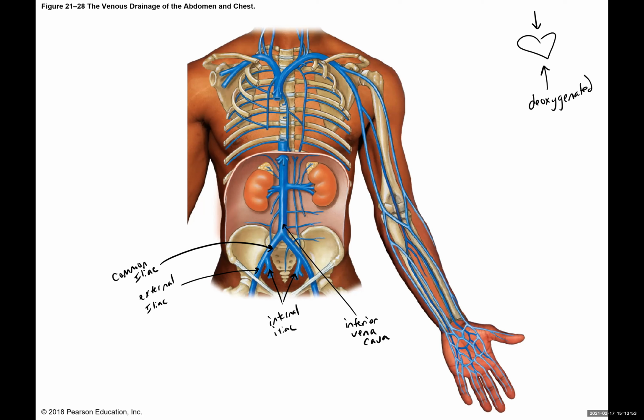Feeding into the right atrium, we have lumbar veins. We have gonadal here and here.